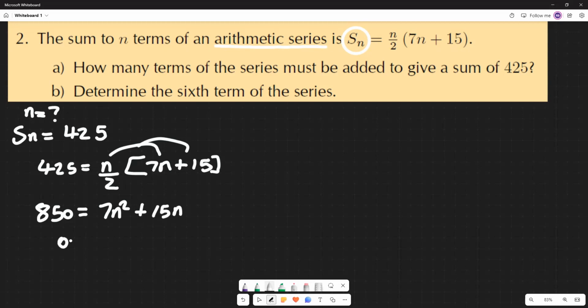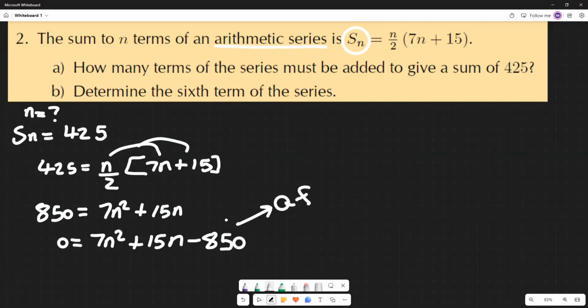And then you can see that 0 equals 7n squared plus 15n minus 850. You remove the 850 on this side, right? So when you're here, you can use your quadratic formula because this number looks big, but I'm going to try to find it. So this is what I do.